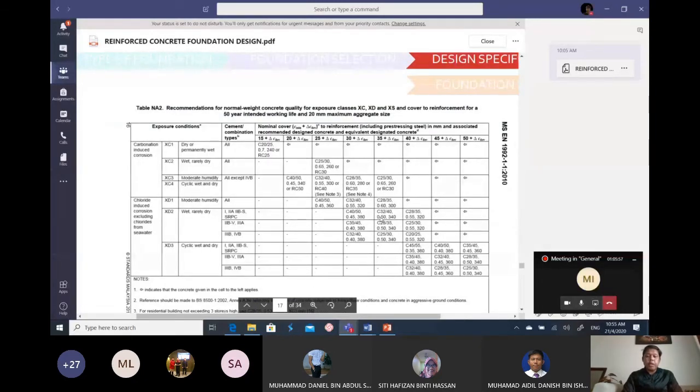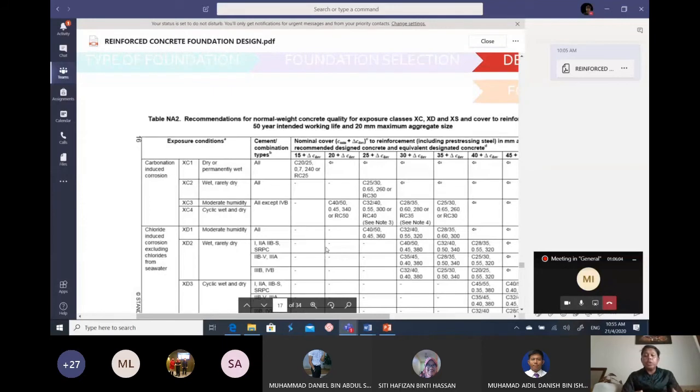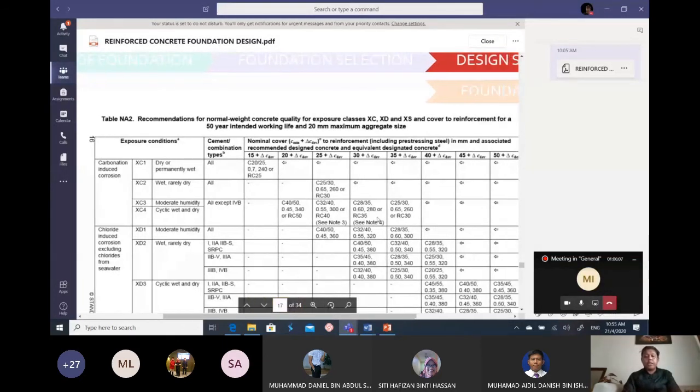For example, if the grade of the concrete we are going to use for the building is 40 MPa and the class is XD2, the minimum nominal cover is 30 plus the deviation of 10, which is 40 mm. But for the foundation, we have to follow the requirement.